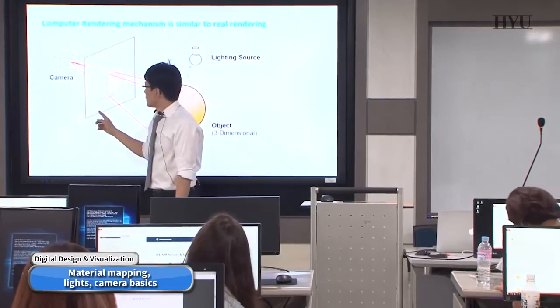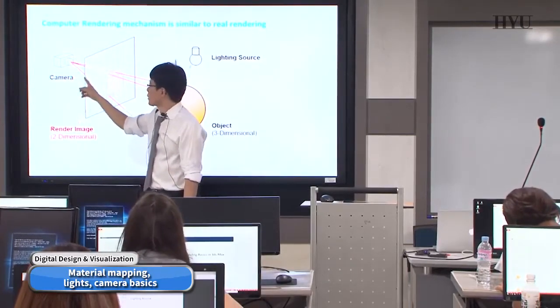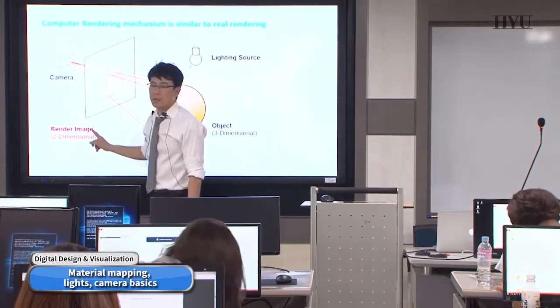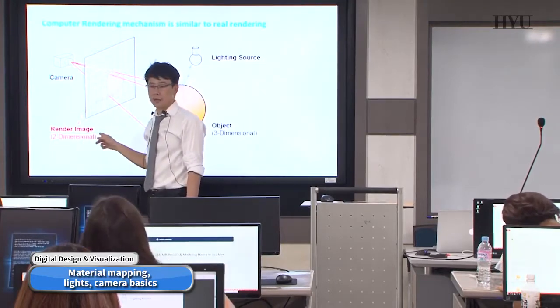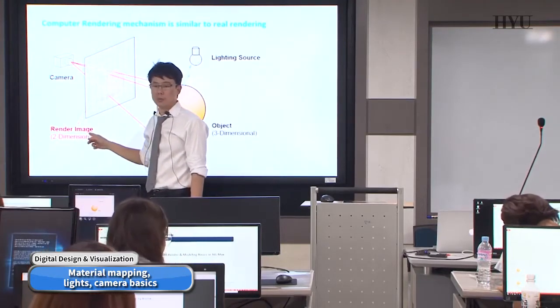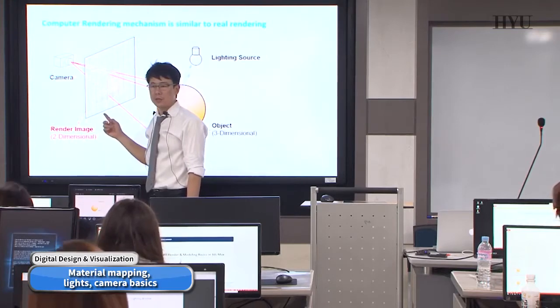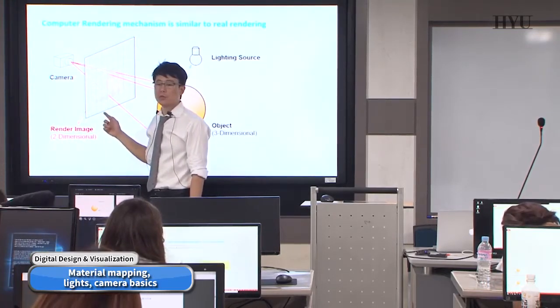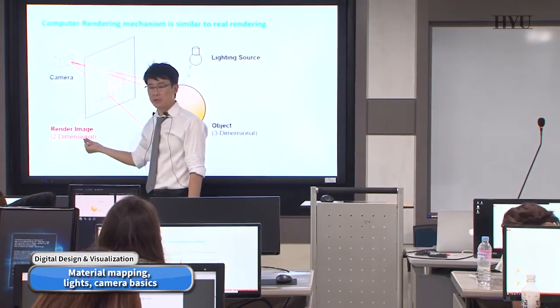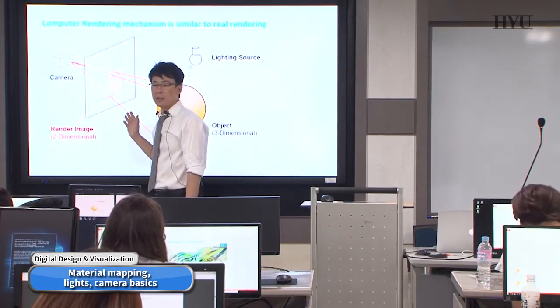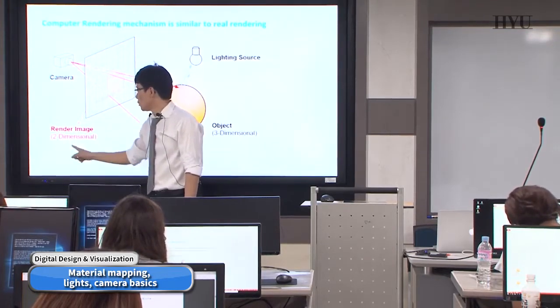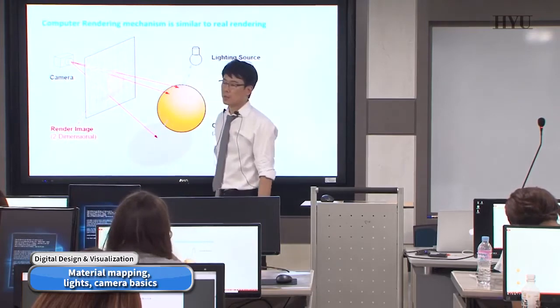Thanks to this camera, you can get this image. That is the so-called rendering image, your render output. Is this 3D? Of course not, this is always 2D. Even in animation, they are a sequence of images, okay? So this is always a two-dimensional image.